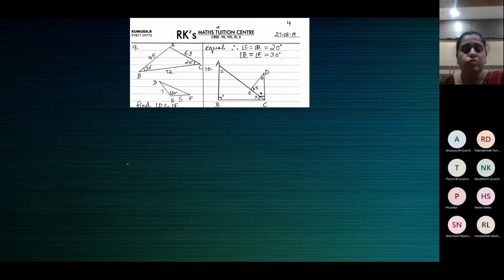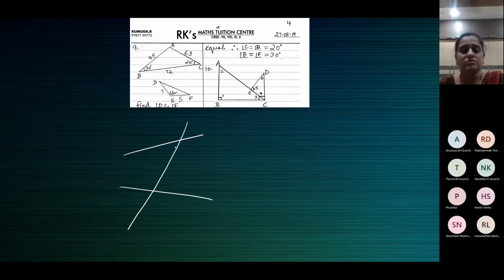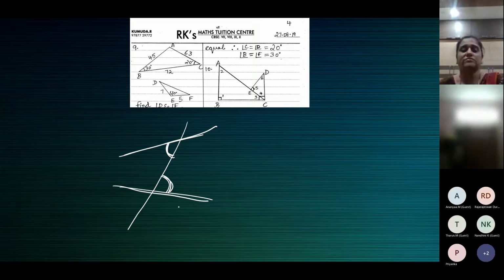Now see, these are two lines intersected by a transversal. So these are alternate interior angles, but they're not equal because the lines are not parallel, because this line is not parallel to this line.